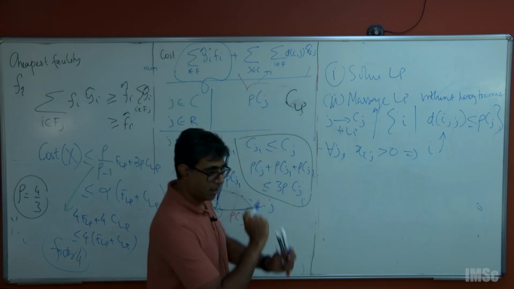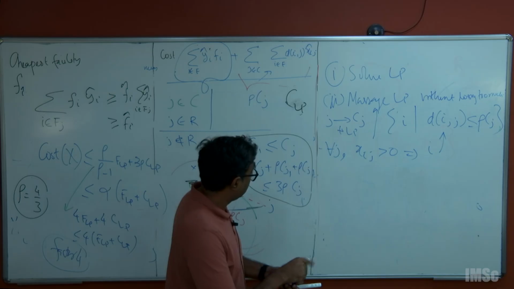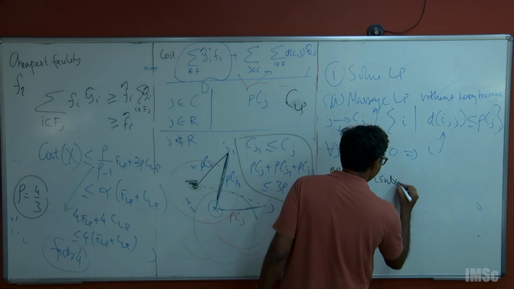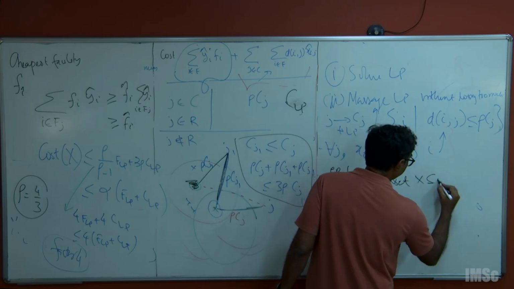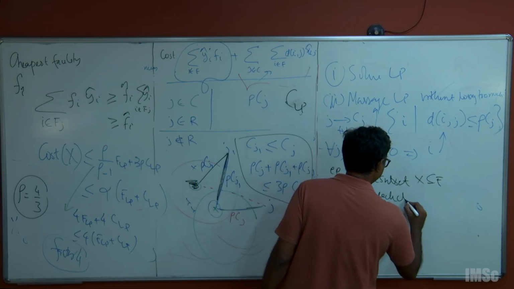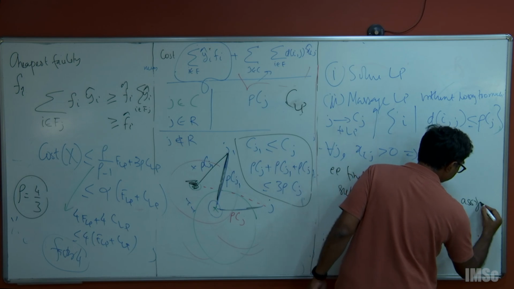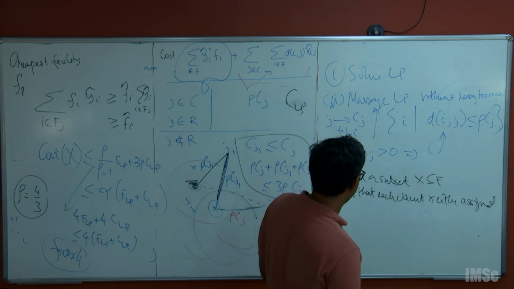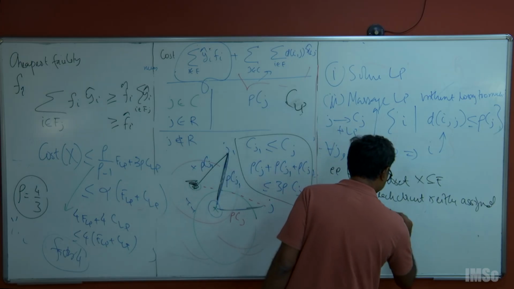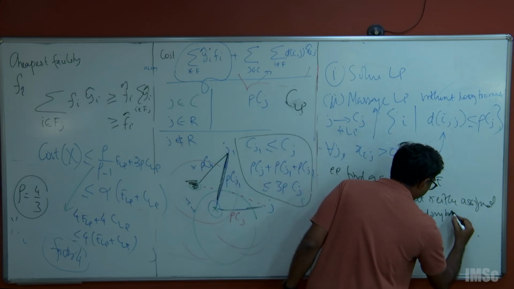Our whole objective was then to find a subset X of facilities such that each client is either assigned in its ball or an adjoining ball, whatever that meant.